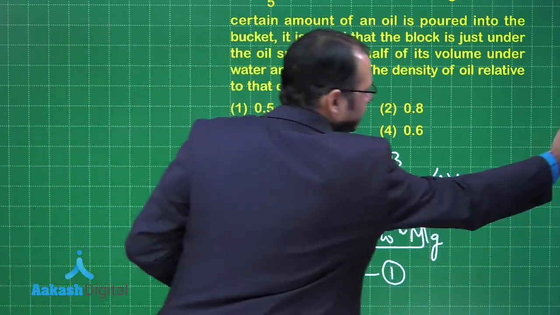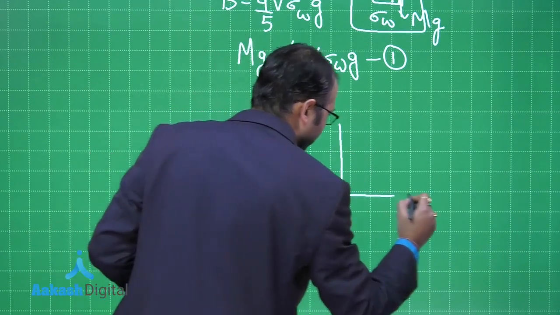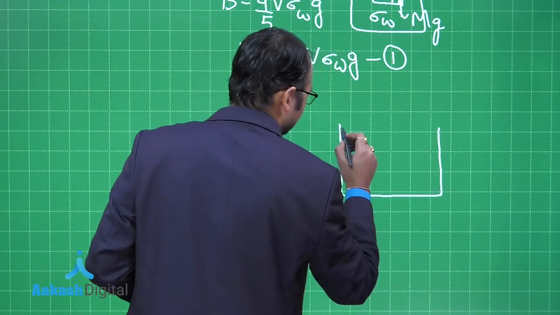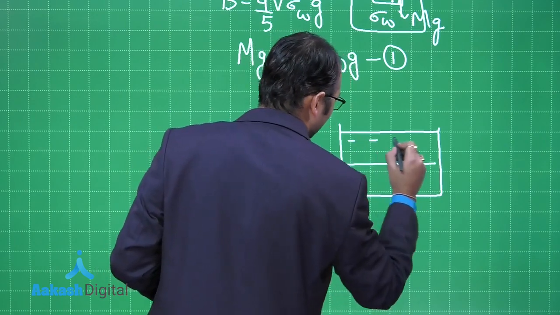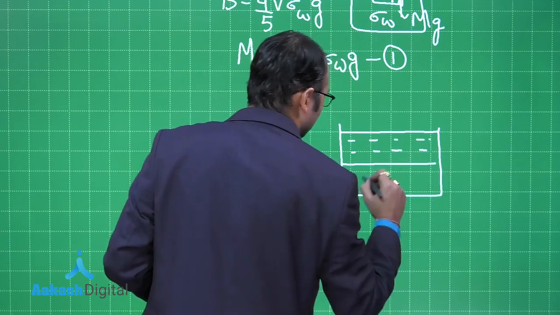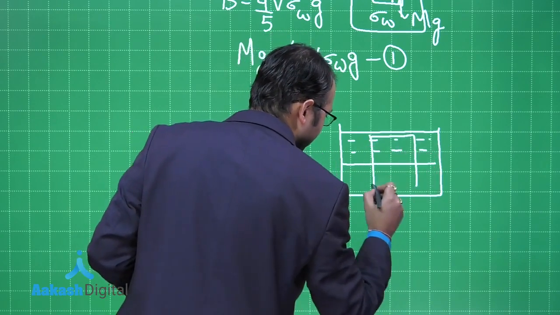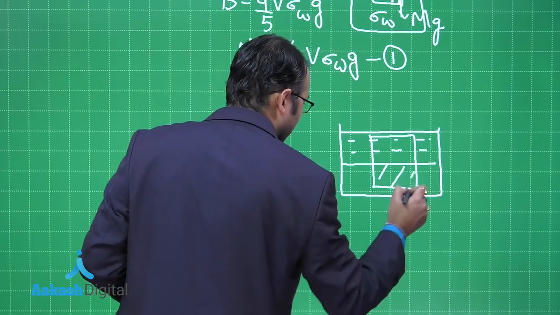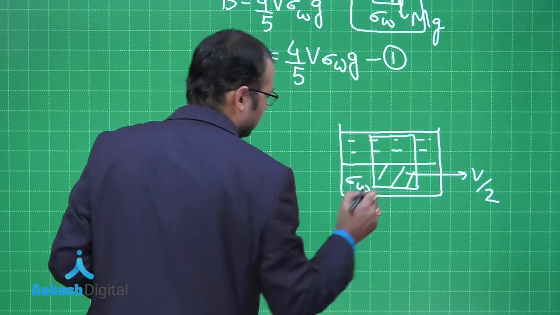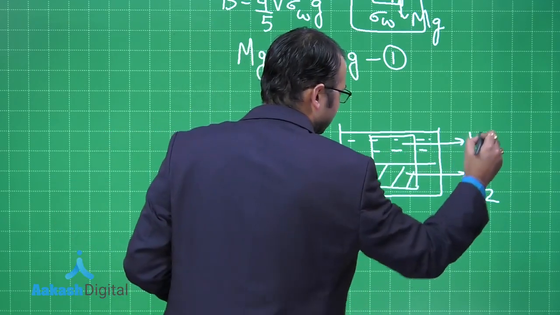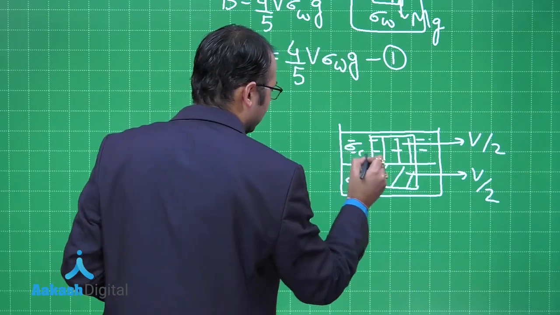Now in the second case, when some oil was poured over the water, then the condition changed. So let's take this and this. This was the oil portion. So the block was lying something like this, where some portion, that is half of the volume, is in water and the other half, this portion, is in oil, right?